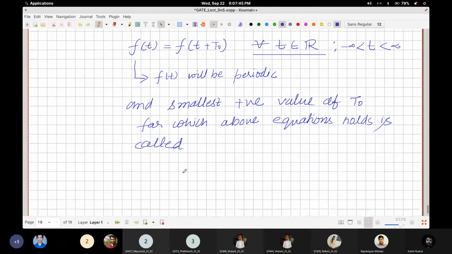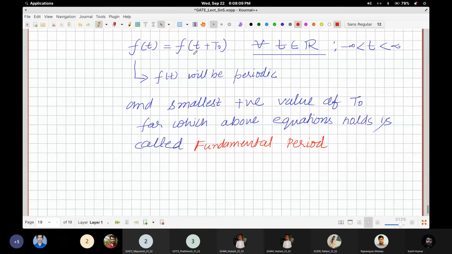What do we call this T naught? This is the smallest period, fundamental frequency, fundamental time period, right? It is called fundamental period. Is this clear to everyone?